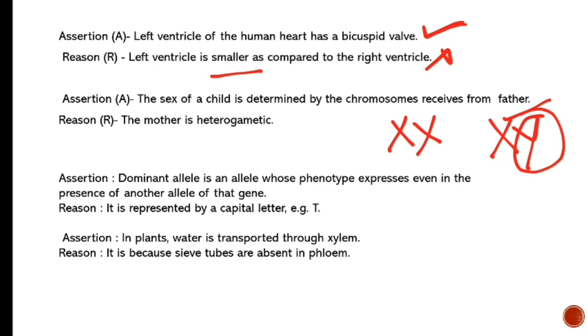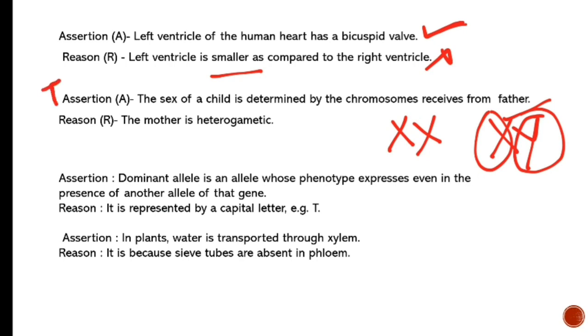If Y chromosome fuses with the X chromosome of the mother, then it leads to the formation of a male. If the X chromosome of the father fuses with that of the mother, then it leads to the formation of a female. So always the fathers are responsible to determine the gender. So this statement is true.